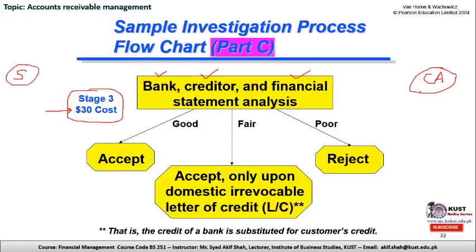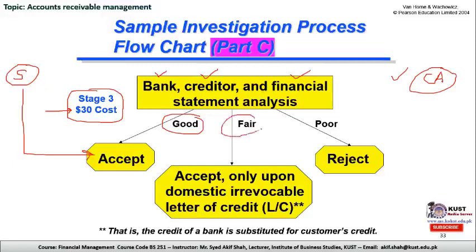After analyzing the bank records and other creditors' records, as well as the financial statements of at least the past 5 years, if the result is good, then the supplier will accept the credit applicant and sanction the credit sale.